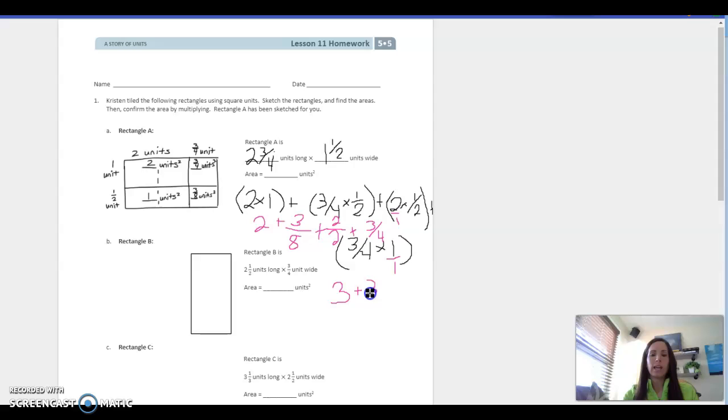So now I'm going to say 3/8 plus, now to change this 3/4 into eighths, I'm going to make my denominator 8, and I multiply 4 by what to get 8? 2. So because I multiplied 4 by 2, I'm going to multiply 3 by 2. So 3 times 2 is 6. So now I get 6/8.